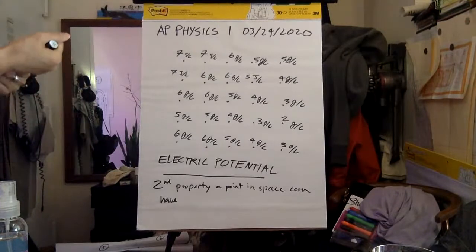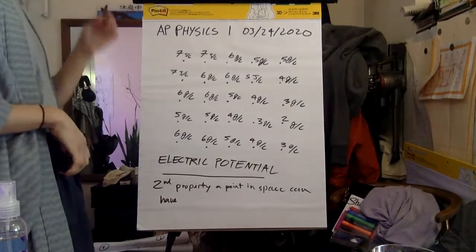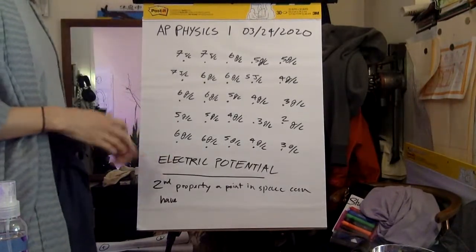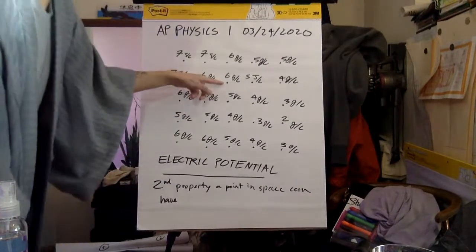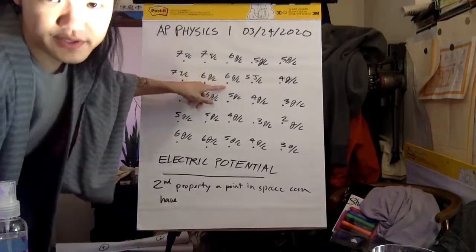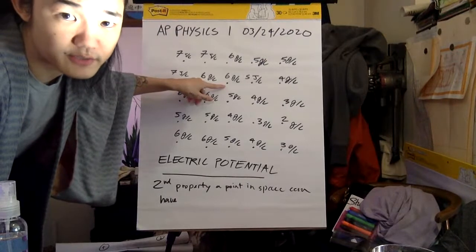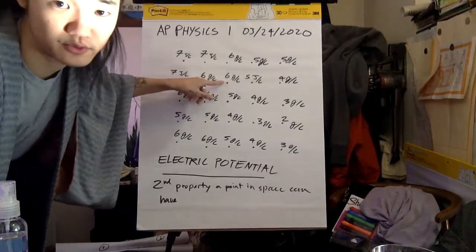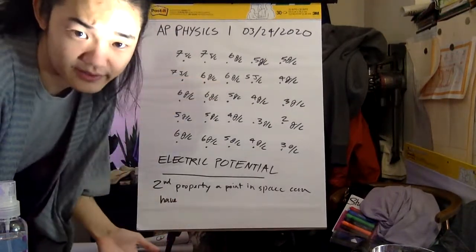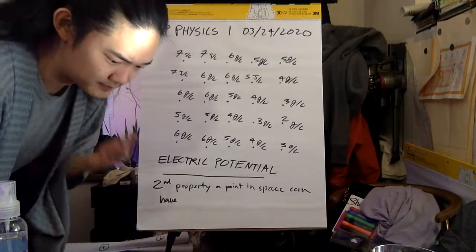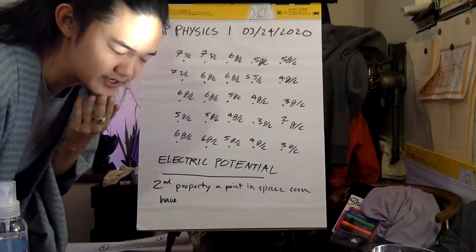Now, the really cool thing about electric potential is that if an object is right there, what is its value of electric potential? It's 6 joules per coulomb. But I don't really care about that. This is a real contrast to electric field.